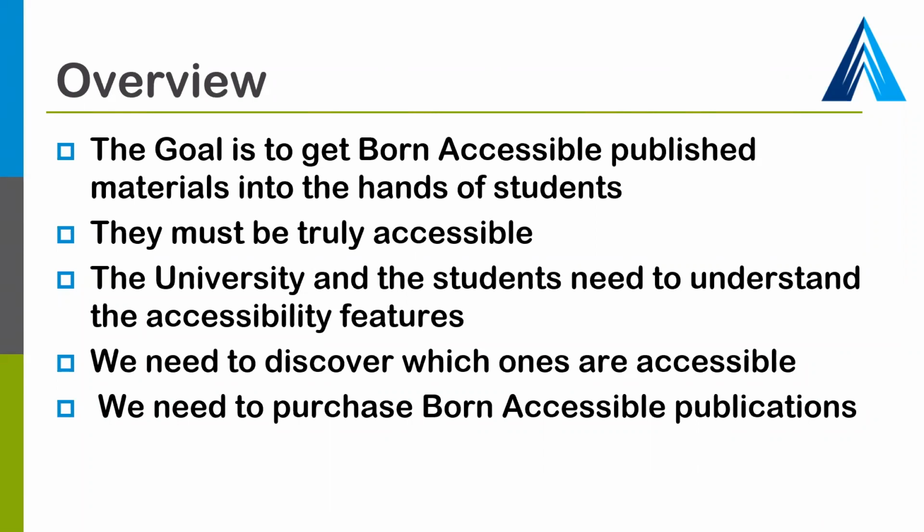The understandability of what the accessibility features are is something the student and the university need to understand in advance. Discovery, searching, and finding the materials is super important, and that's a big piece of what we're going to be talking about today. And to make all this really work, we need to make sure we're purchasing born accessible materials.